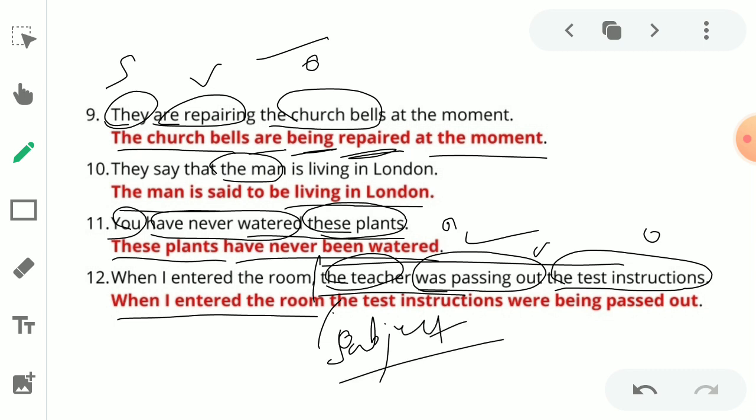Okay. So write down: the test instructions were. Here was, because teacher is singular, but here instructions is plural. As a result, you have to write were. And the tense form given here is past continuous, so being passed out. Passing, the V3 form of passing is passed out.